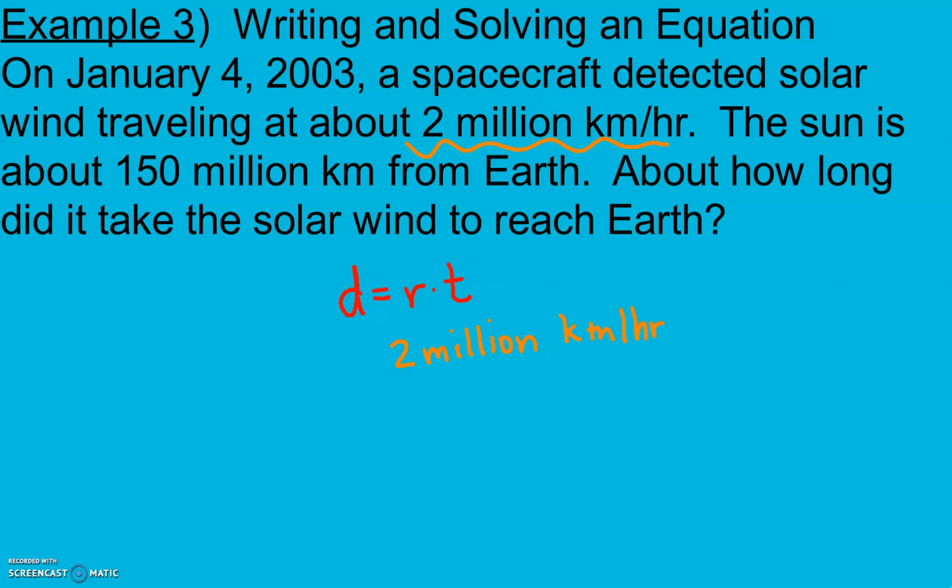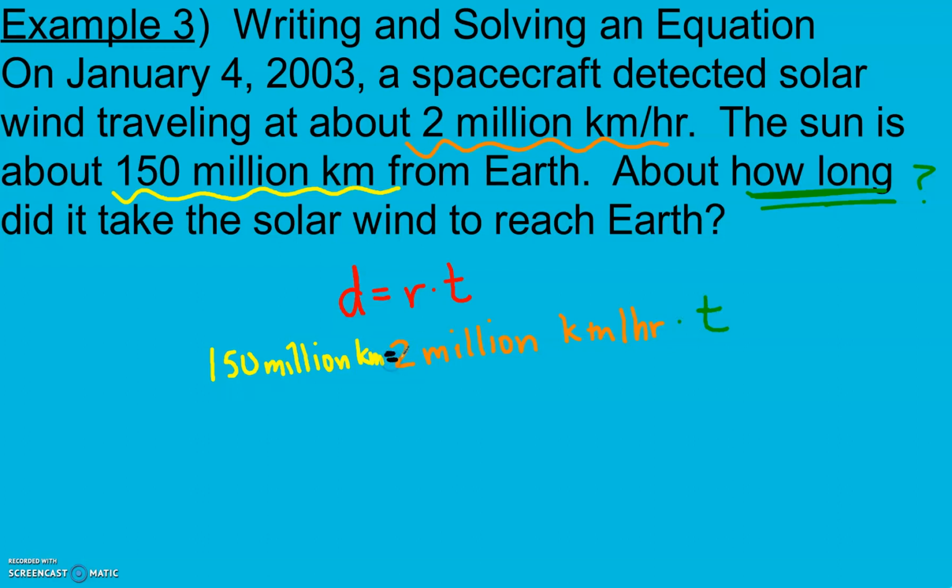Then it says the sun is about 150 million kilometers. That's our distance. We are looking for how long. That's my time. So I'm going to keep that t since that's what I'm looking for.